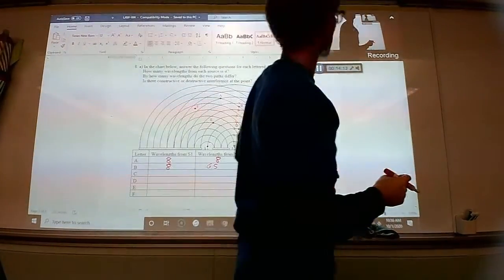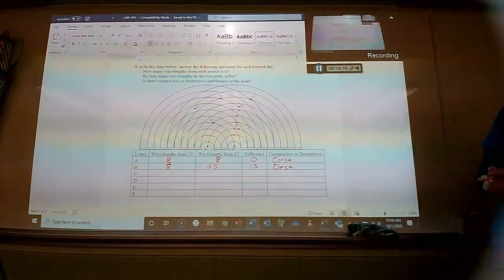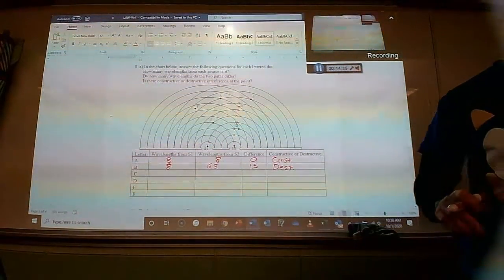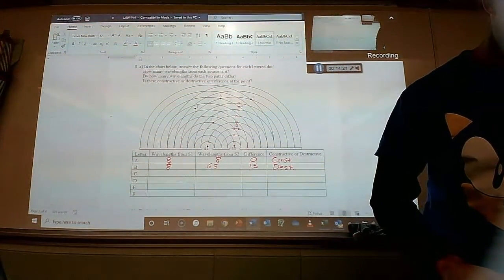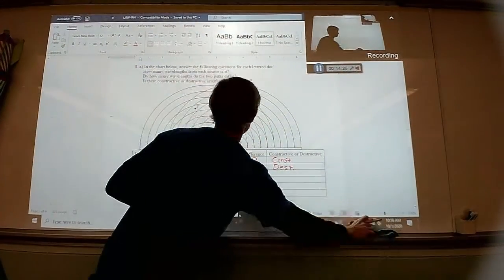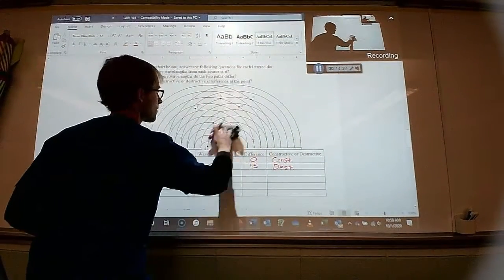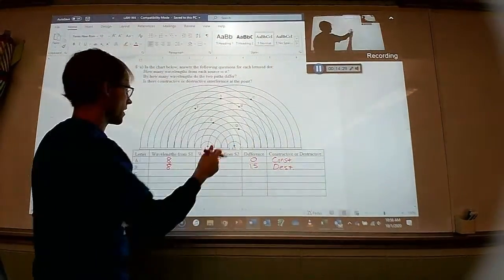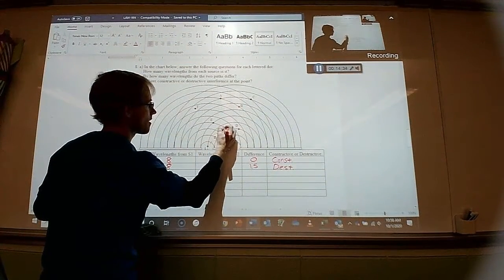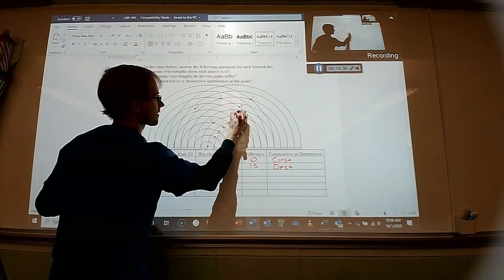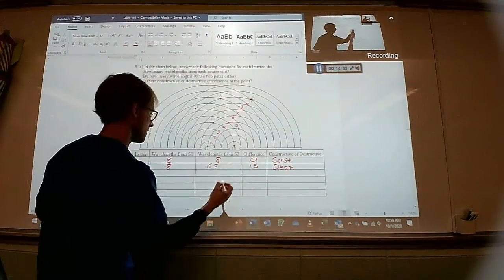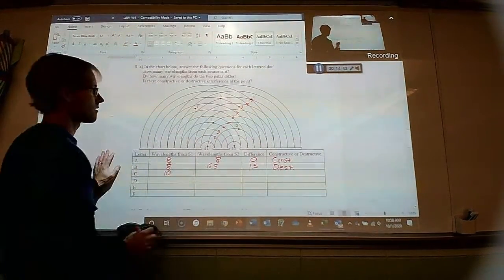And let me see here. Let's see if we can do 2 more quick ones. Let's do, yeah, just the next 2. So letter C. Letter C is way over here. So from S1 we've got 1, 2, 3, 4, 5, 6, 7, 8, 9, 10. 9?